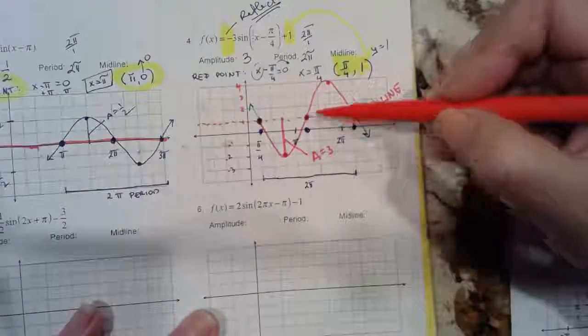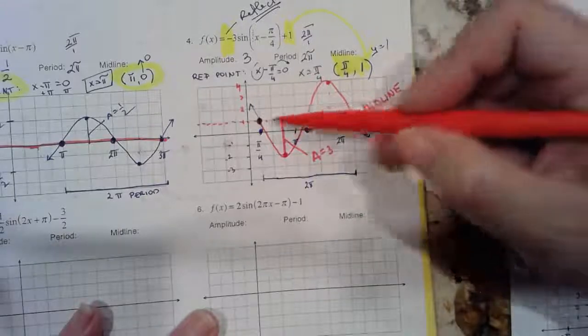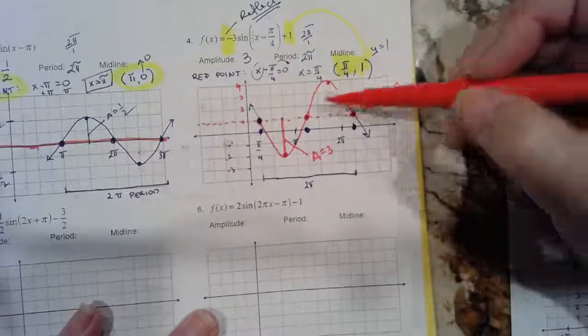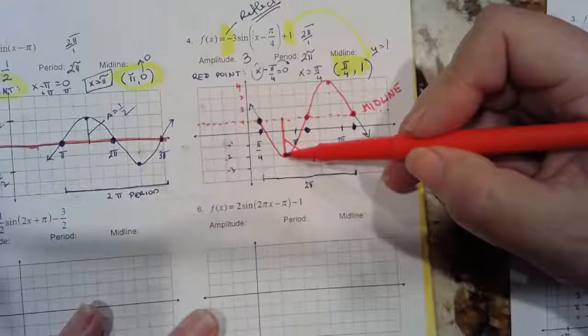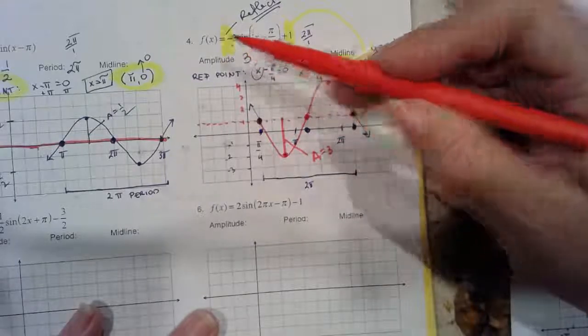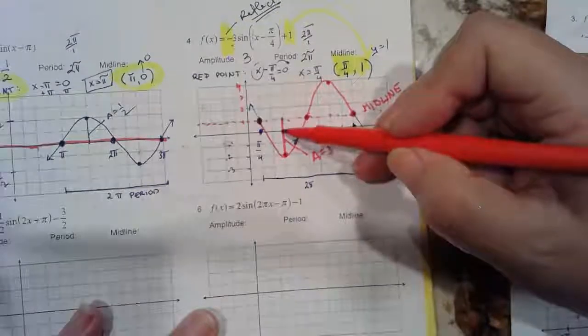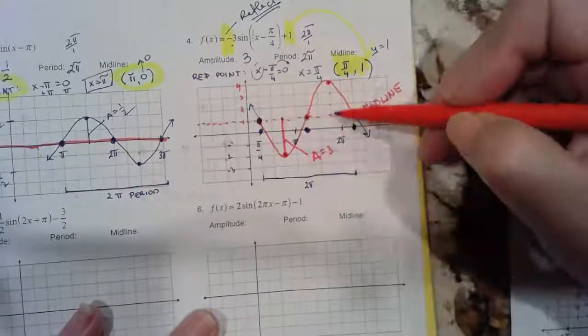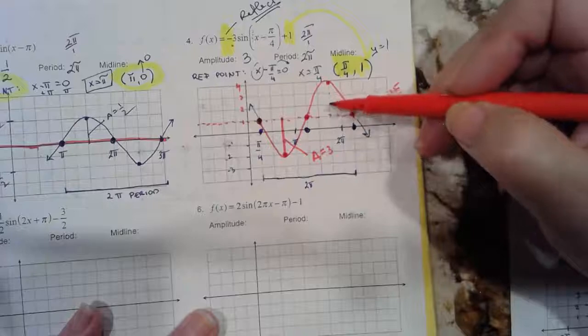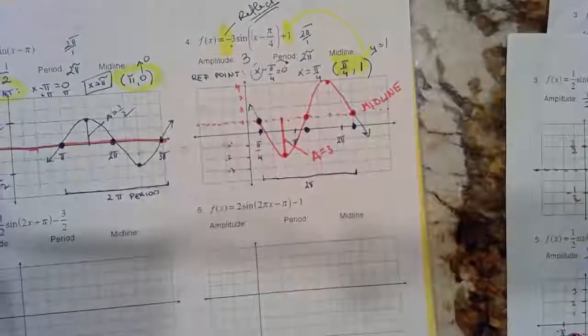And again, I have my 3 middle and 2 ends on the midline. And then halfway, I'm going to go down this time because it's a reflection. Halfway, I'm going to go up. And you got to count 1, 2, 3 from the midline. Okay, from the midline. Okay, let's do 2 more.